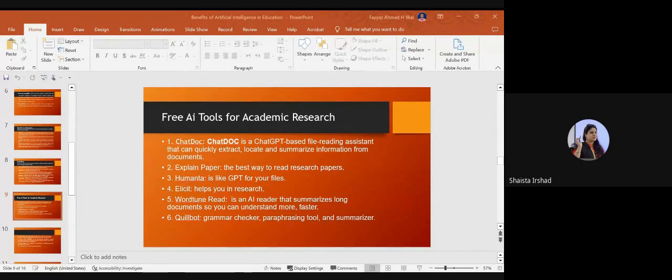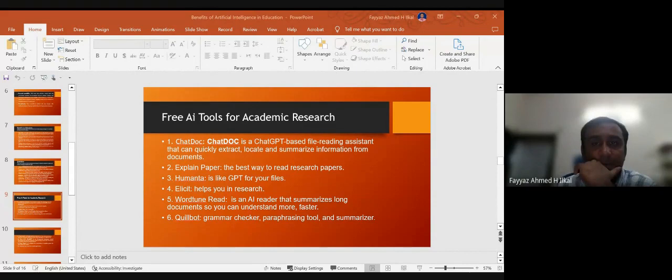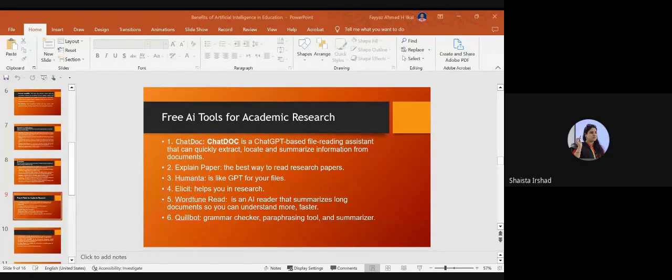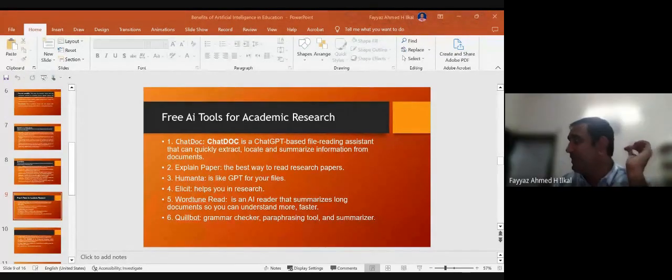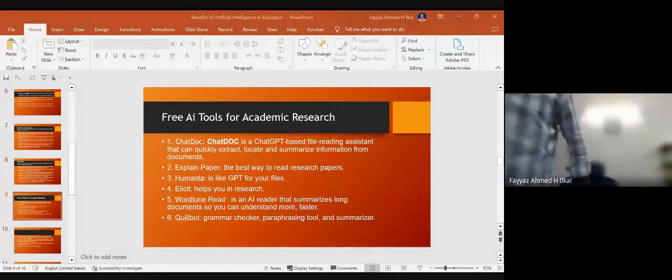Are you trying to show us the interface of this AI? But your screen is not visible if you are trying to do that, sir. Yeah, I'm so sorry for this. Just a moment.